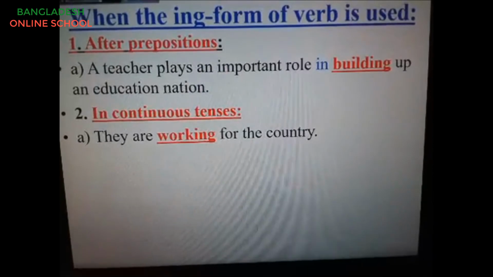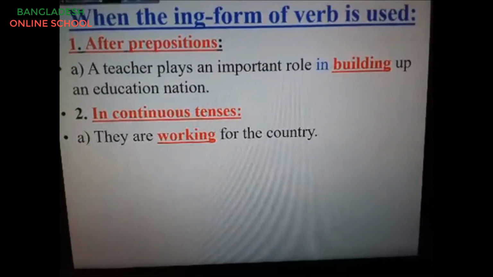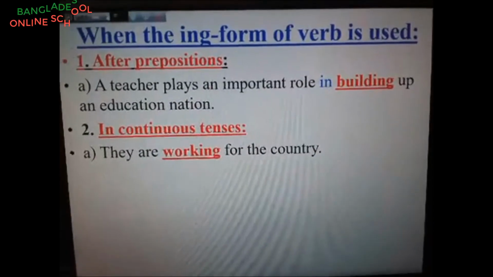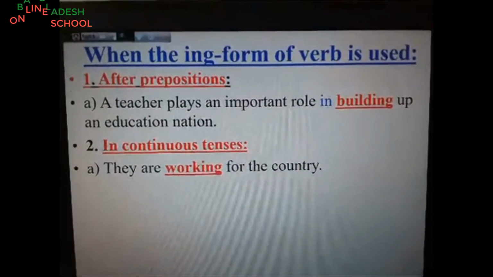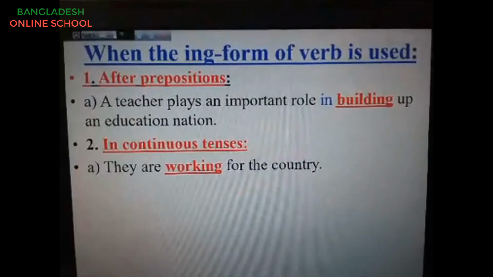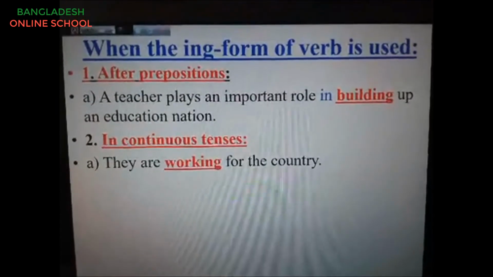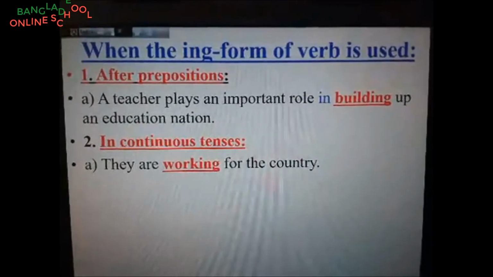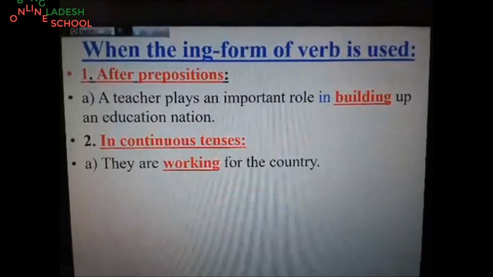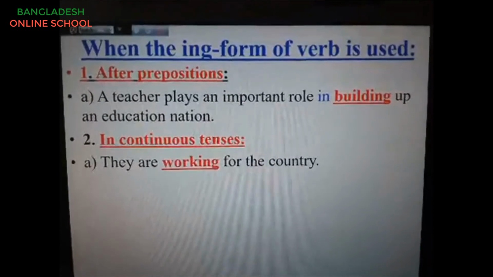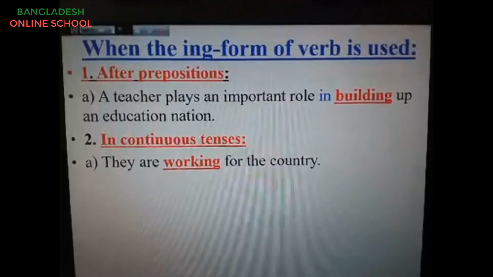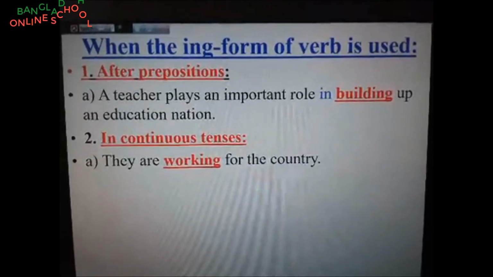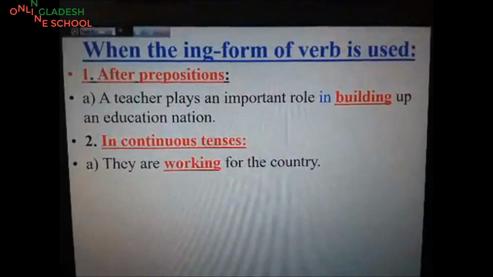When be verb is used in active expression, then after be verb continuous form is used, and that is why in this example, after are, working is used. So in all types of continuous tense, it may be present continuous, past continuous or future continuous, in every continuous tense, ing forms of verbs are used.